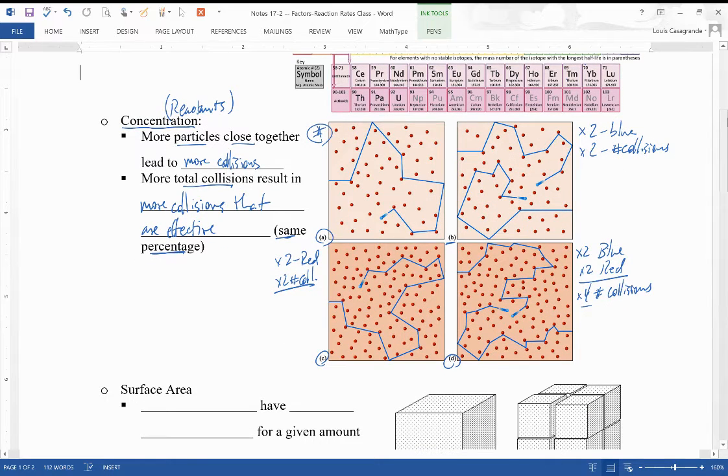Surface area, before I move on, what I want you to do is go and look at the first video now of the demos that I've got posted, and this is going to be the gummy bear demo.